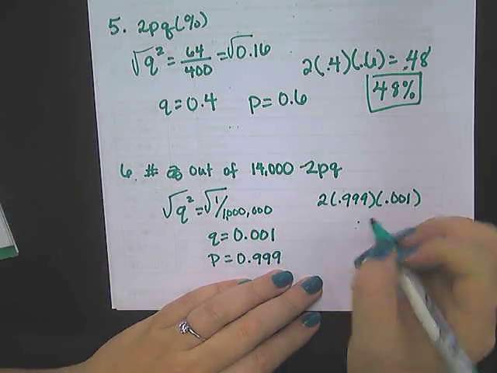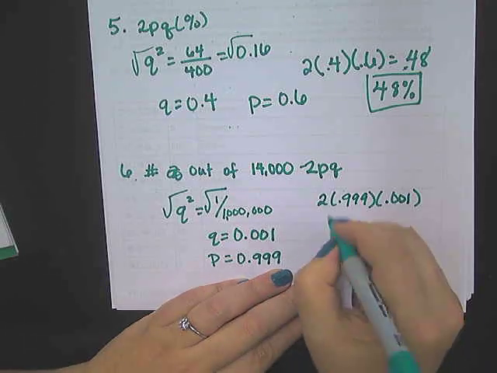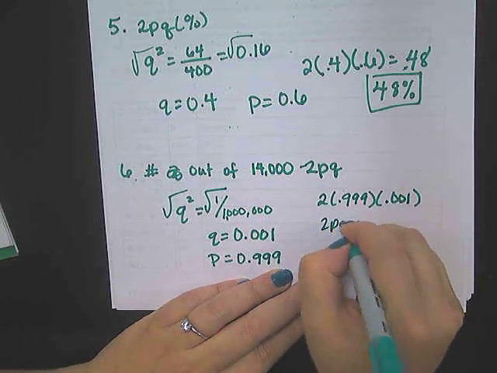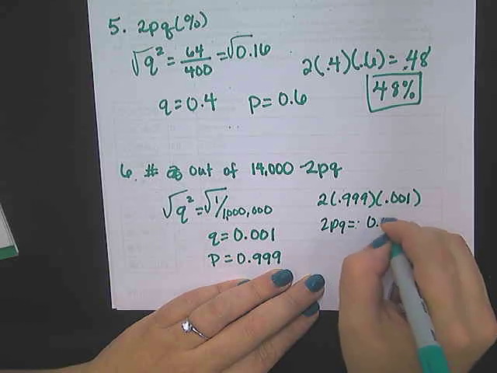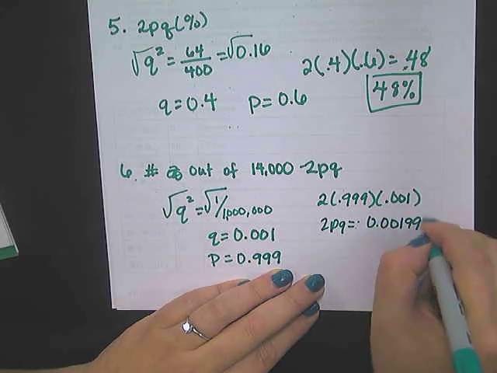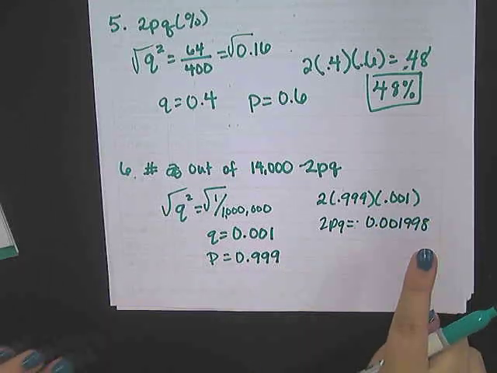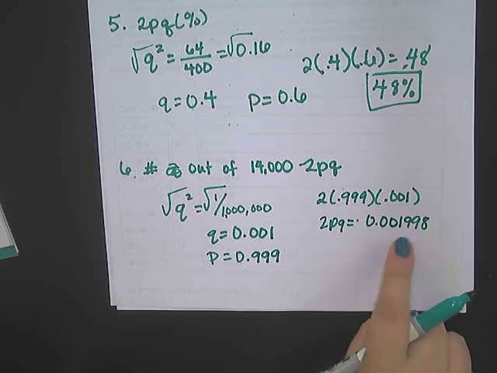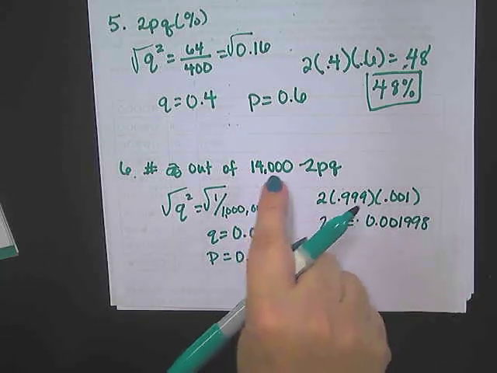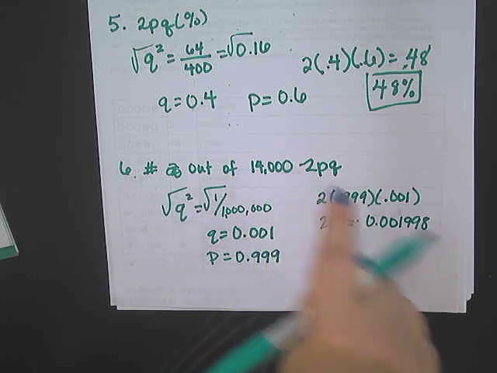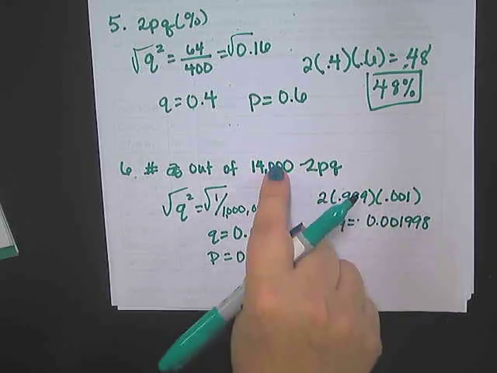So 2pq equals 0.001998. However, that is the frequency itself. Now to find out how many people out of 14,000 would have this, I'm going to multiply these two numbers together.